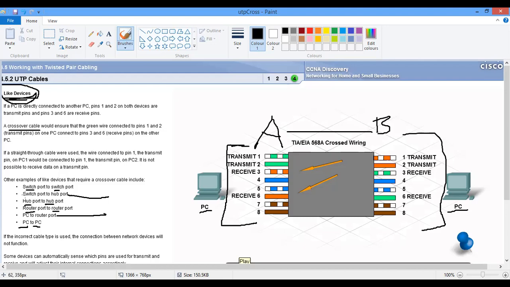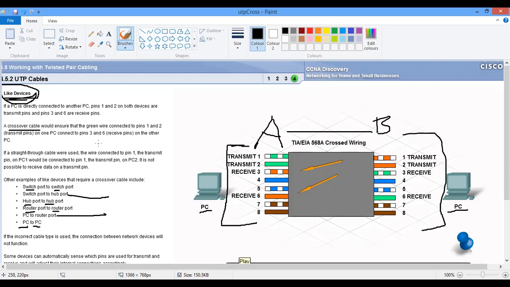Switch to hub and PC to router are also referred to as like devices. So when you have these kinds of connections, you need a crossover cable.